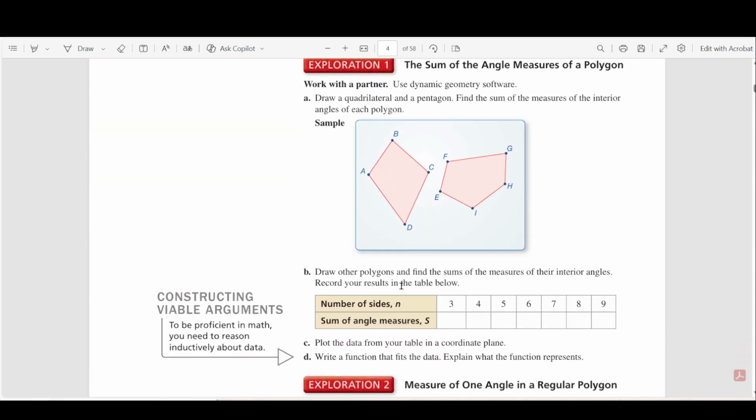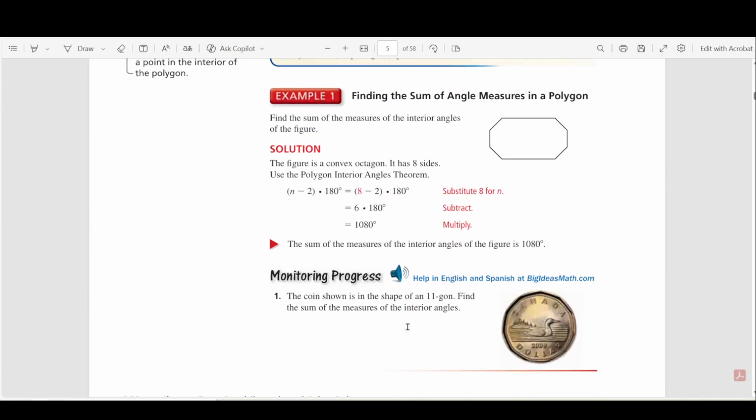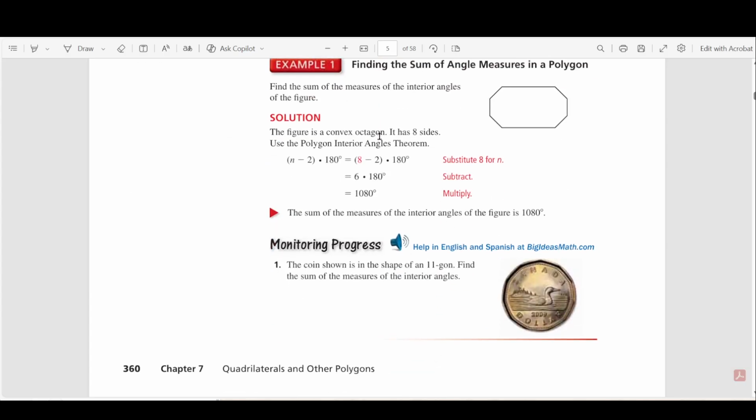Basically, this is the formula that we use to find the sum of interior angles: n minus 2 times 180, where n is the number of sides.